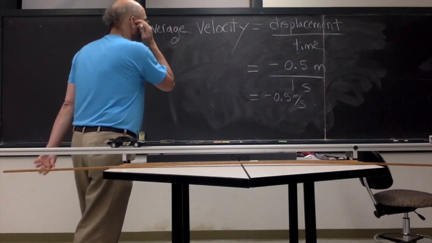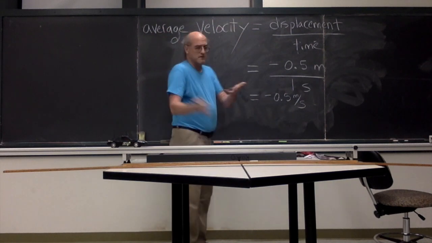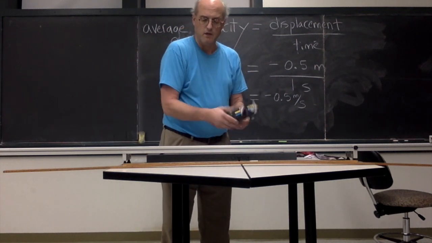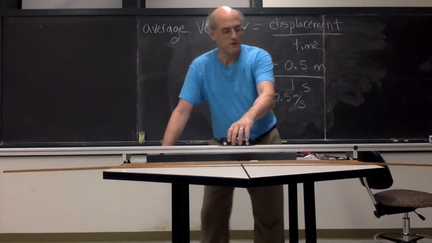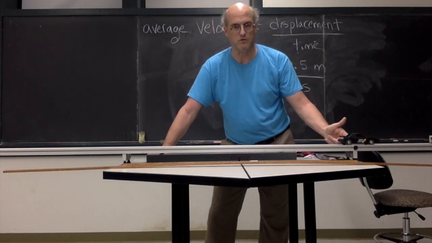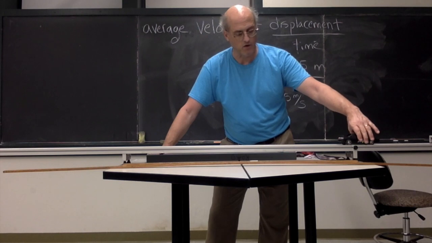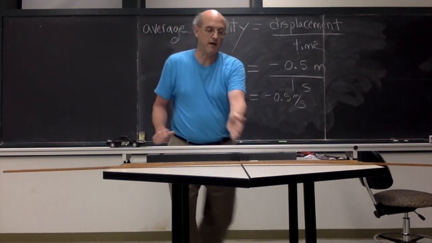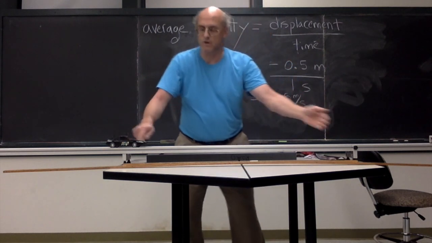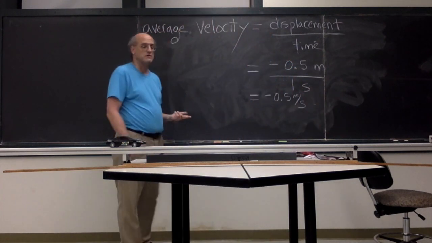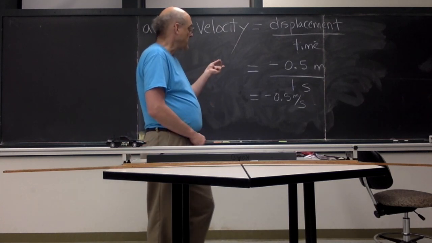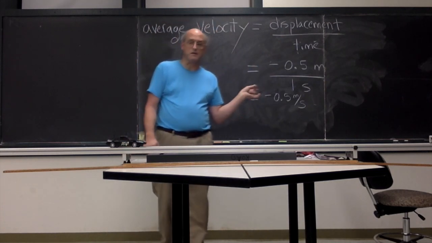If I ask for average speed in this case, well, it started here, it went here, that's a half meter, and then it went all the way back to here. Okay, so that's a half meter plus 1 meter, so 1.5 meters is the distance it traveled in a time of 1 second.